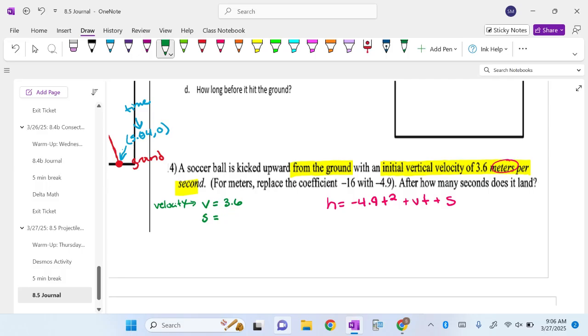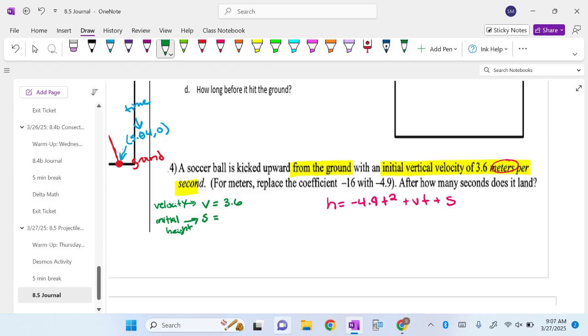Not seconds in this case, but your, what does it say on the left side of your paper that S represents? Your initial height. Good. They use S because they can't use I for initial, because that means something completely different in math. We kind of avoid variables of I. So S represents your initial height.